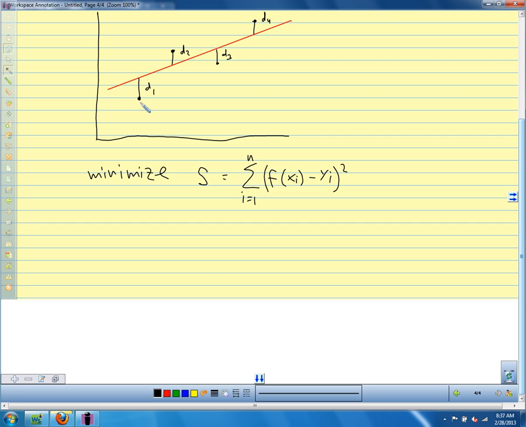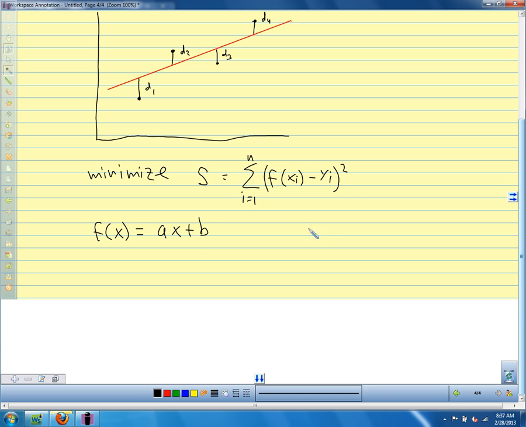We want to minimize that distance. We're trying to find that function that minimizes that distance. For this particular model we want a line, so we're saying that f of x is ax plus b, some line with some slope and some intercept.